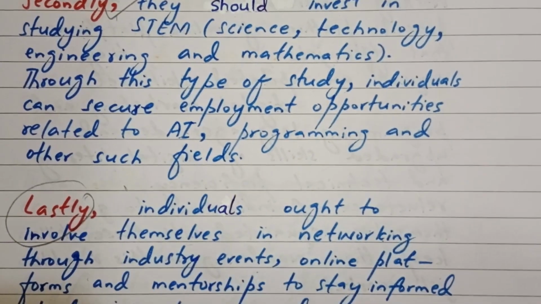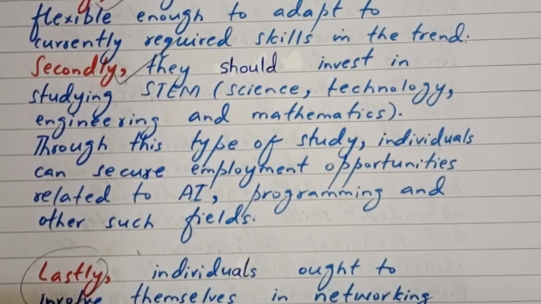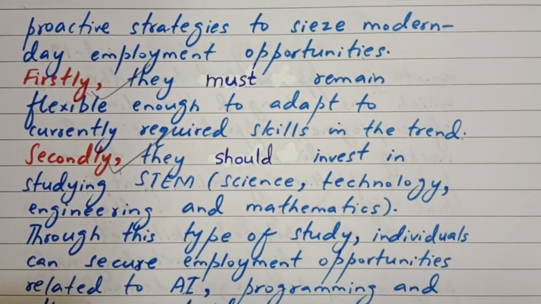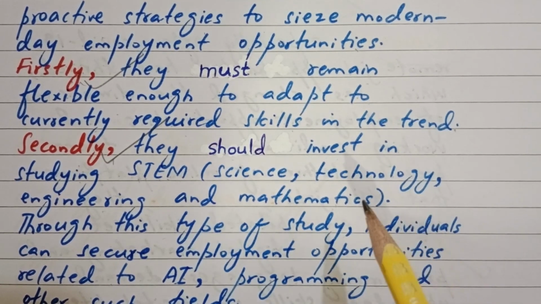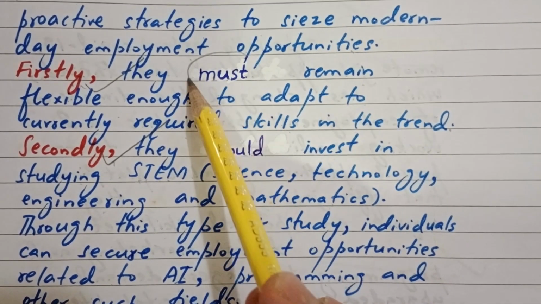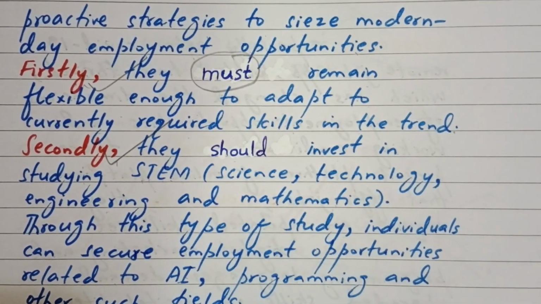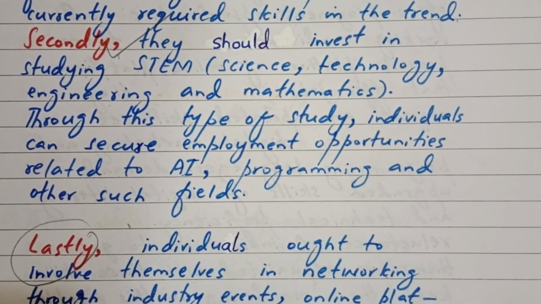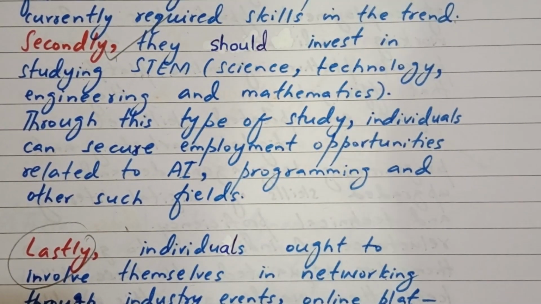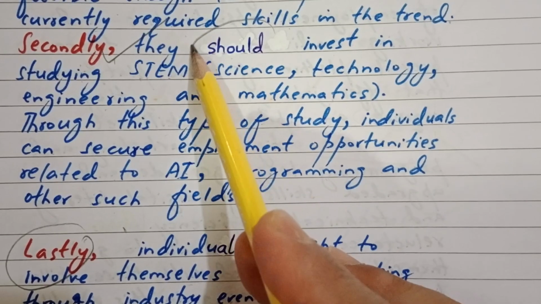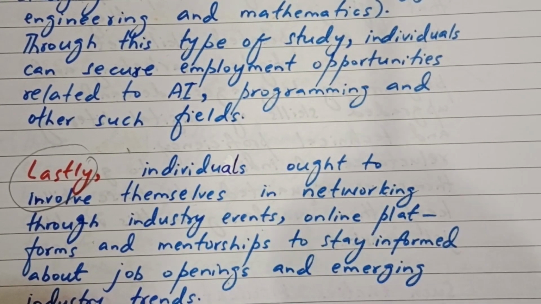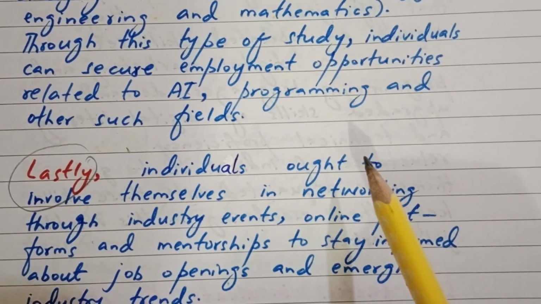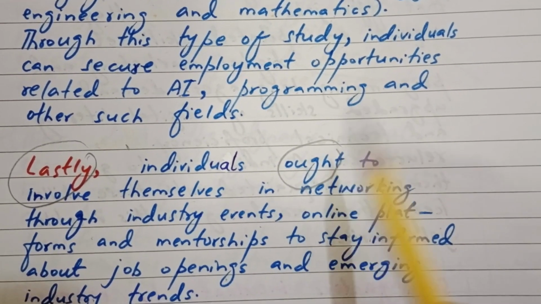Okay. Another thing to be noticed is that you should prioritize your strategies or remedies. The first one is very important, that is why I have used must. The second one is a bit less important, so I have used should. And the last one is the least important, so I have used ought.